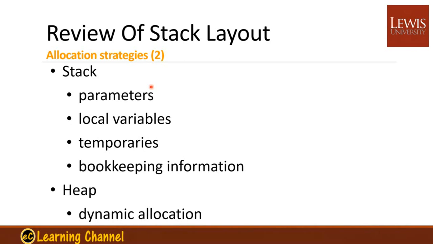So we provide a native control structure for these different languages to be implemented on. In the stack, we have parameters, local variables, temporary and bookkeeping information, and the heap is mainly for dynamic allocation. So the different stack layouts we talk about in this chapter are mainly for native code, C language or assembly language, to support different programming languages.